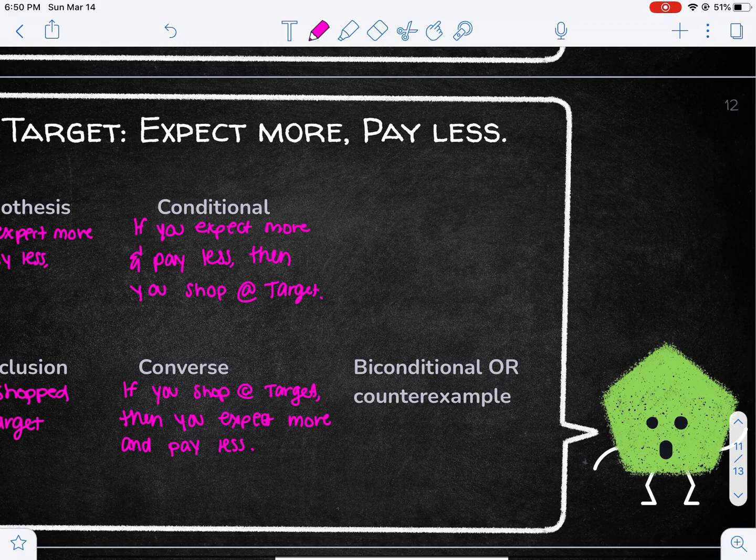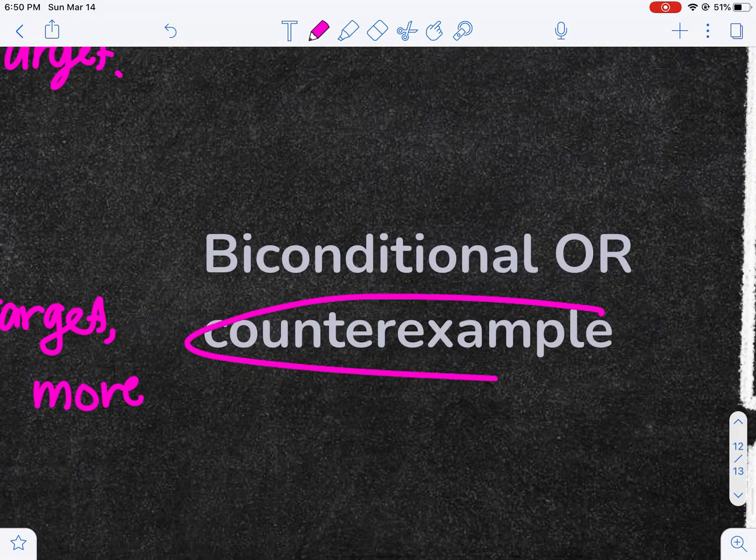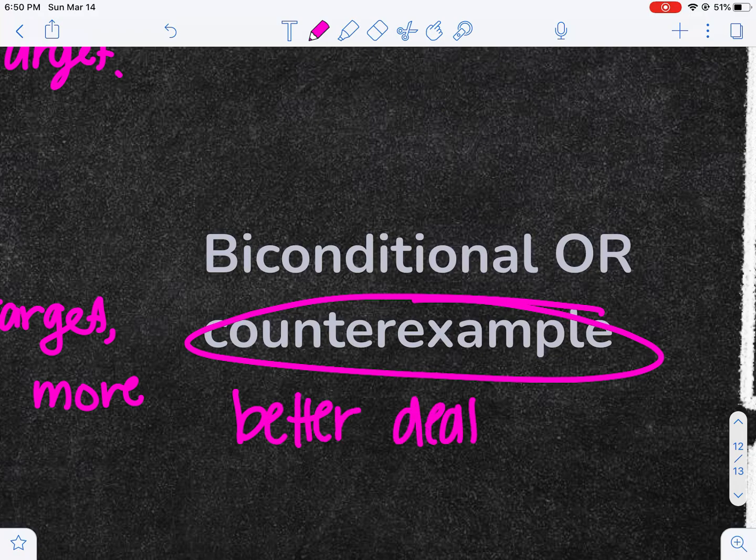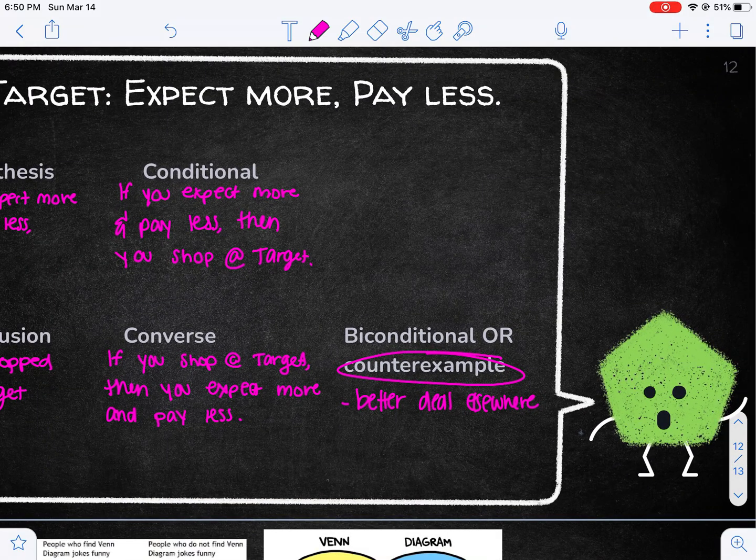If there's any counterexample out there, so if there's ever a time where you get a better deal anywhere other than Target, that's your counterexample, and it proves the whole thing is false. So it could be a better deal elsewhere. It could be that you shop at Target, but you don't expect more or pay less, etc. Okay, you don't need a biconditional if you can come up with a counterexample.